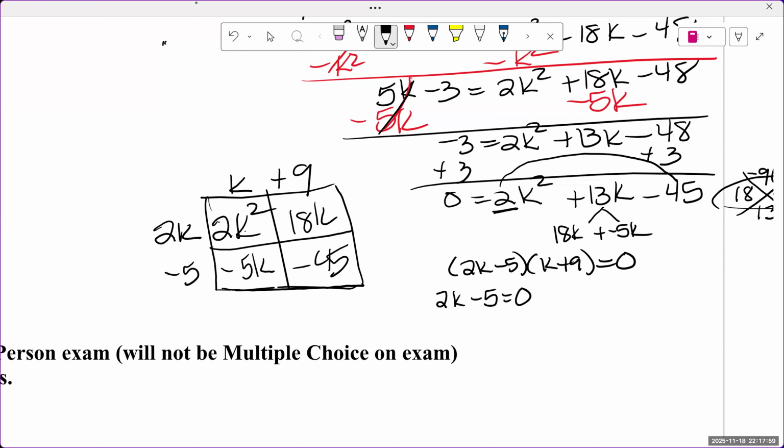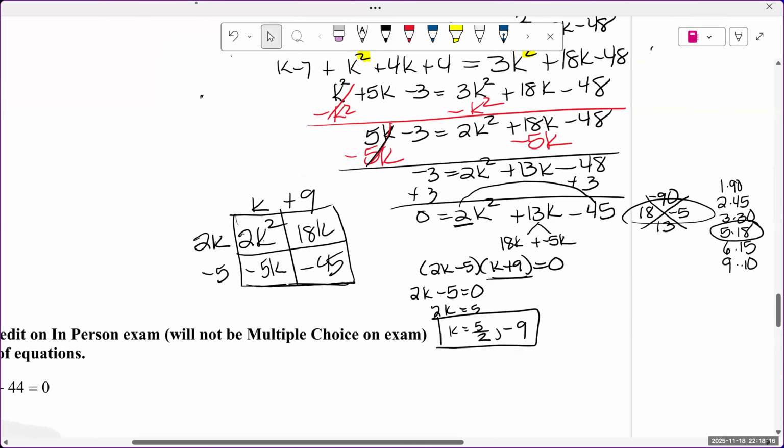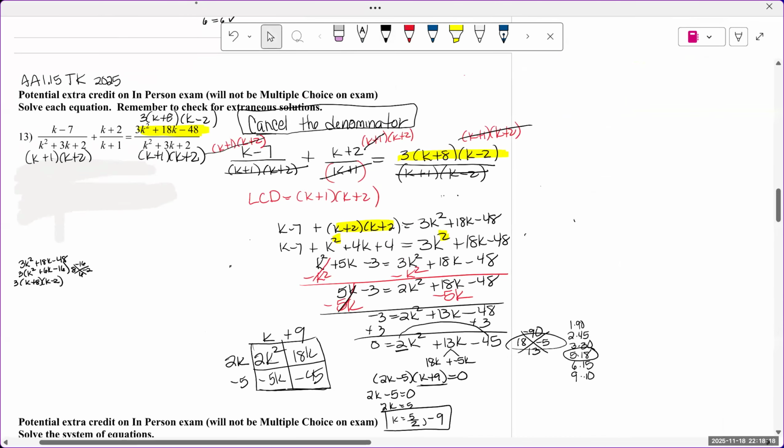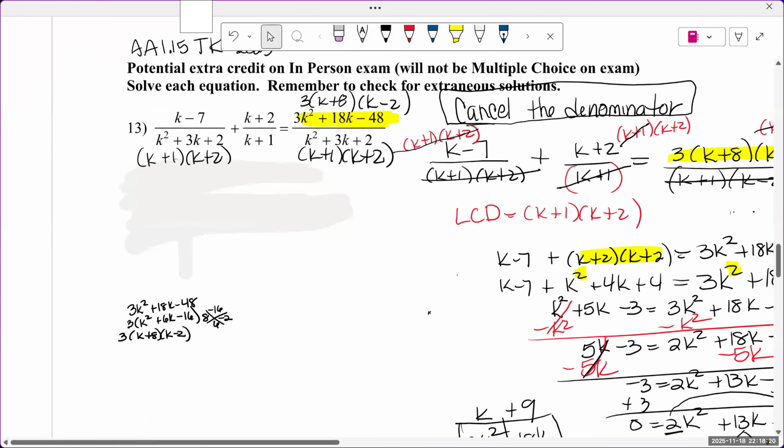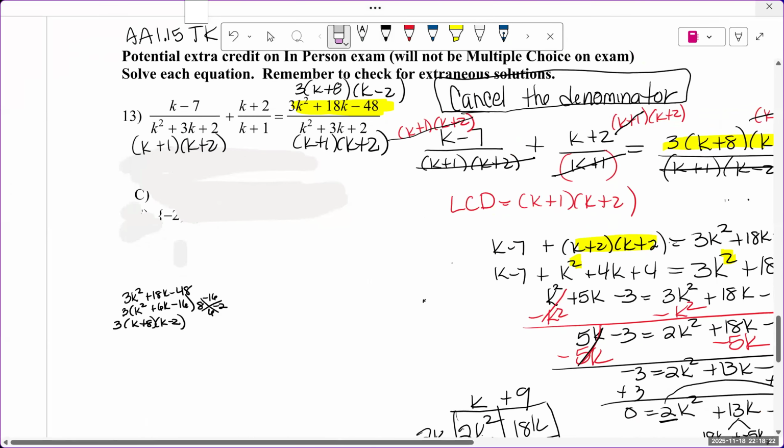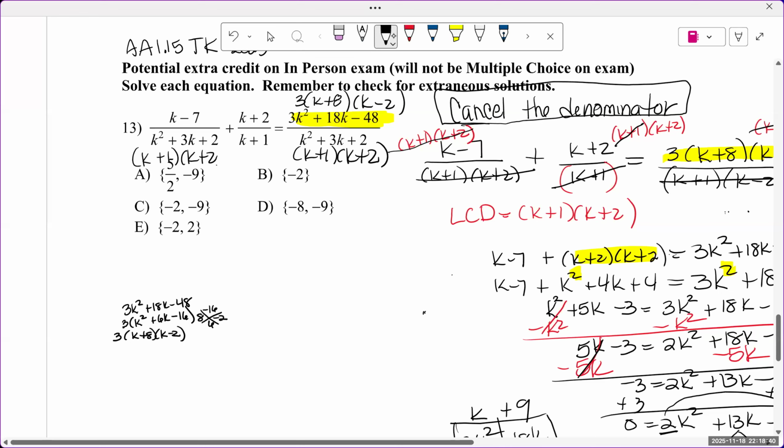It's a two-step equation: 2k equals 5, k equals positive 5 halves. This is a one-step equation, so we do the opposite: negative 9. Positive 5 halves, negative 9. Now we check the multiple choice. So we see that the answer is A.